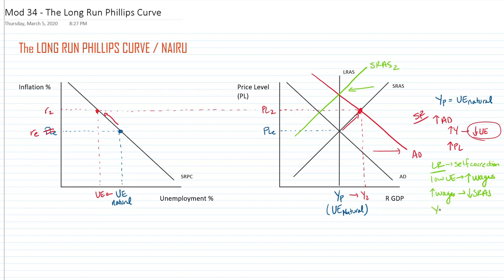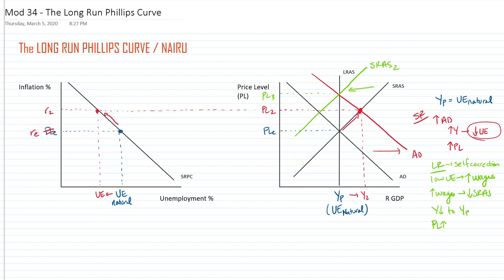So we're going to see output decrease back to YP. And we're going to see price level increase, PL3, right? PL will increase as that SRAS curve shifts to the left.